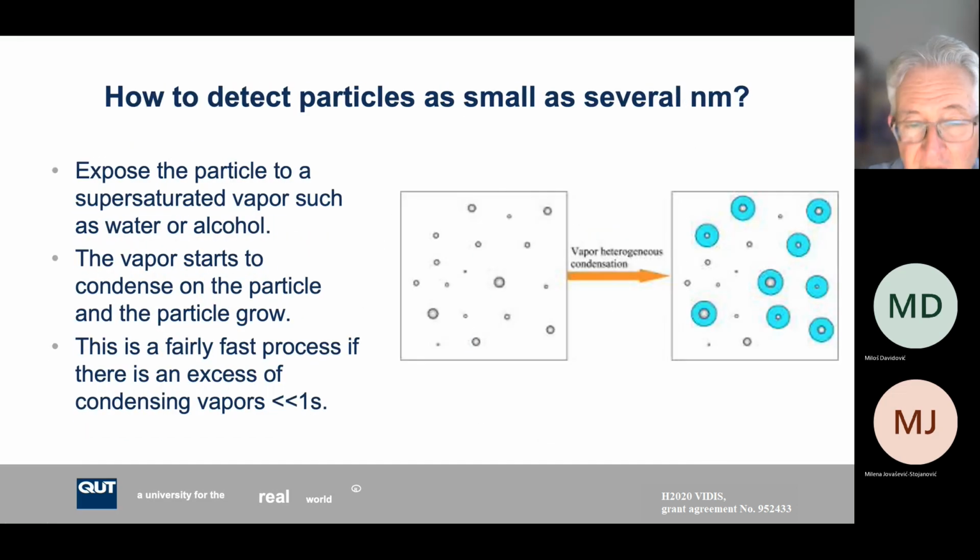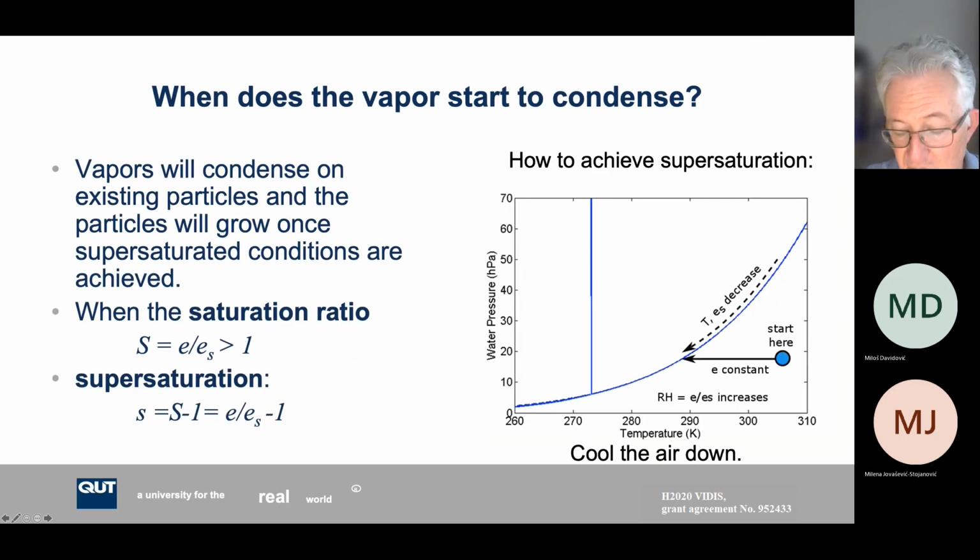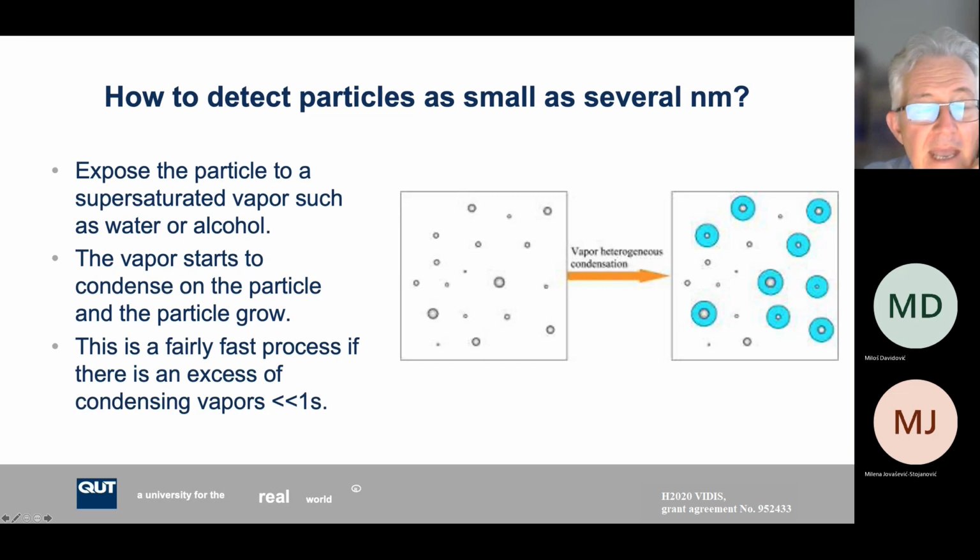Well, a simple way is to start with your very small particles, let's say they're all smaller than 100 nanometers, and expose them to saturated, or rather supersaturated, vapors of, let's say, an alcohol.